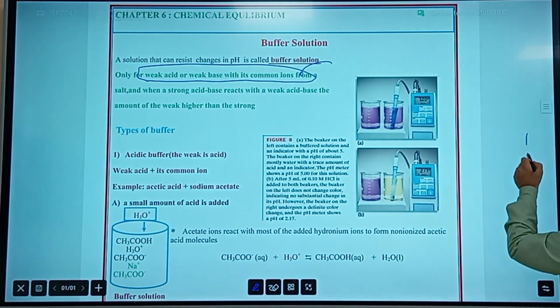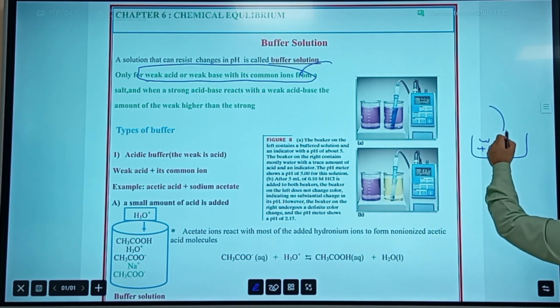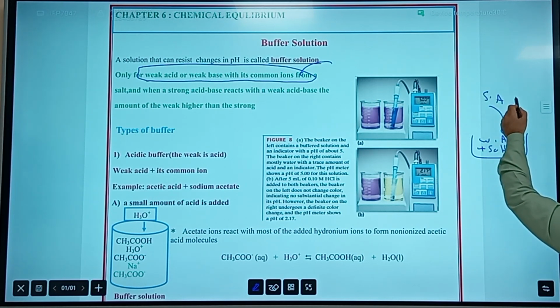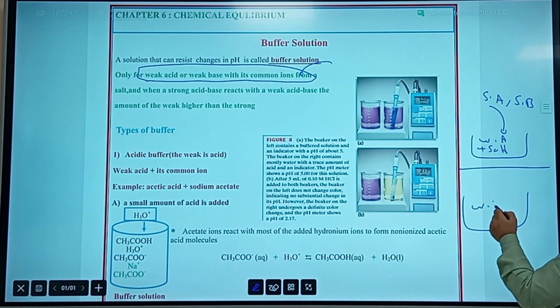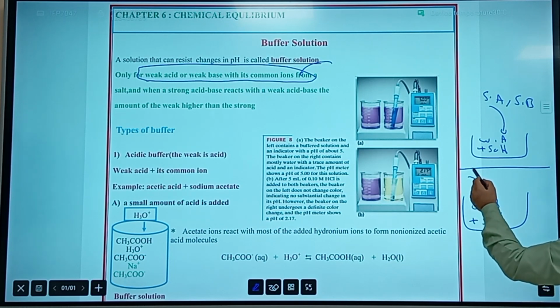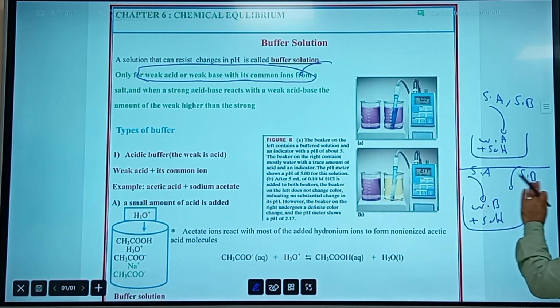So we have a weak acid with its salt, add strong acid or strong base. Weak base with its salt, add strong acid or strong base to the solution.